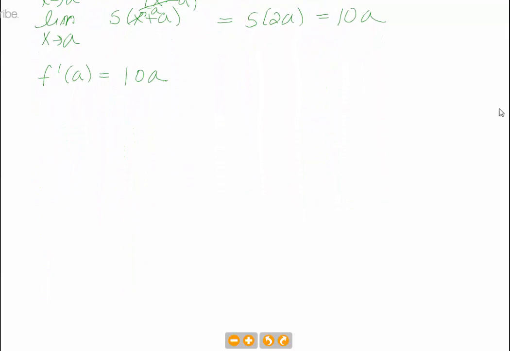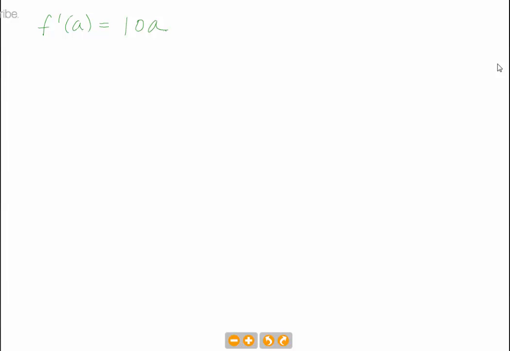If I want to know what the derivative is at a equals 2, I can plug in to get 10 times 2, which is 20. So that's the alternate definition of the derivative. And you could do a similar type of example for the square root function as well.